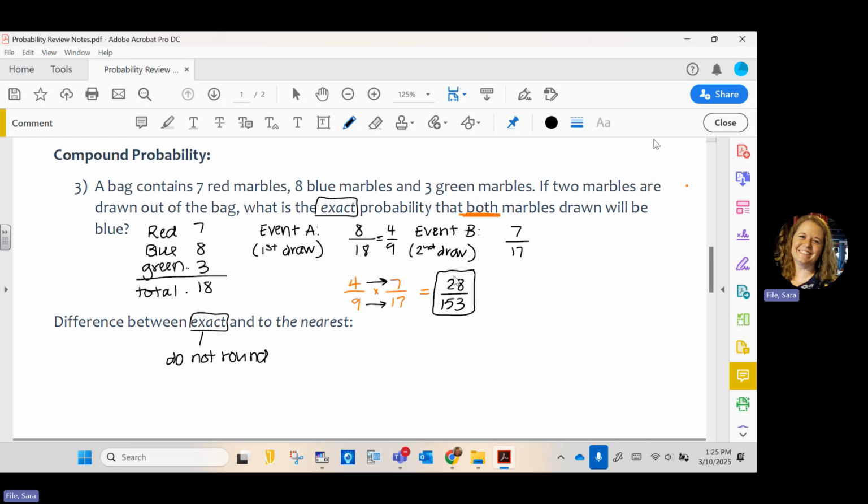We're going to just leave it as a fraction. Now, if you can divide it and it is a truncated decimal, like 1/4 is 0.25, you can write 0.25. That's exact. That's not a rounded decimal. But if it says to the nearest, this tells us we should be rounding. We are finding an approximate answer.